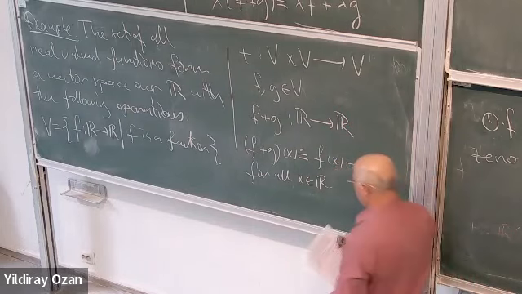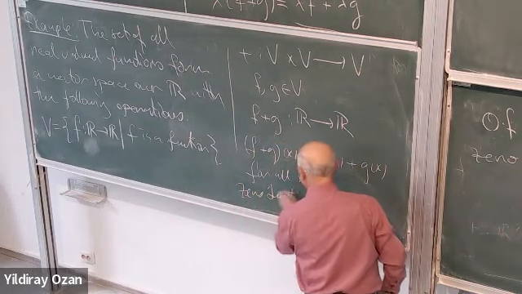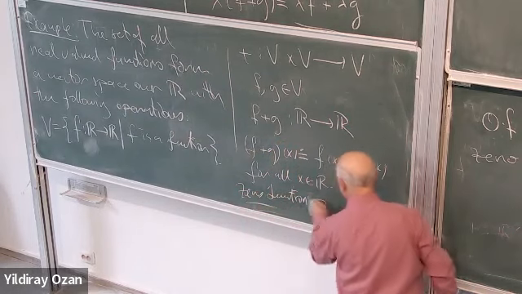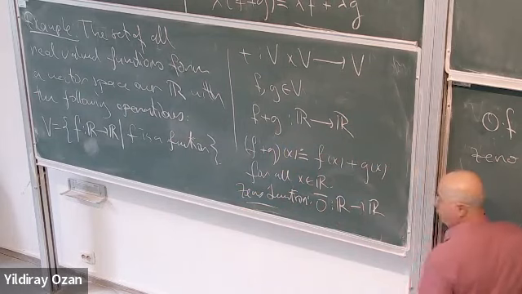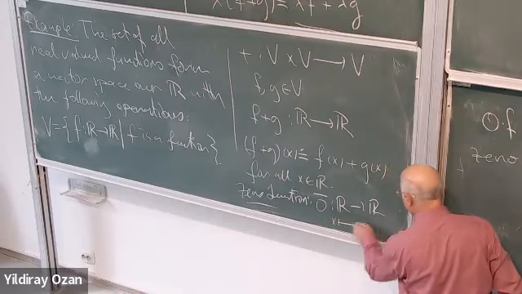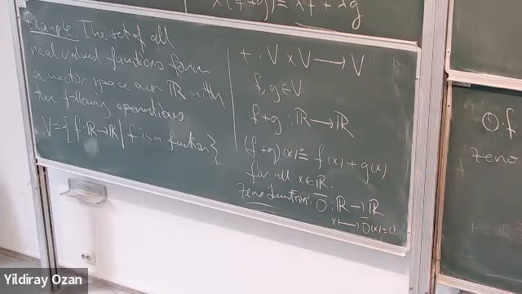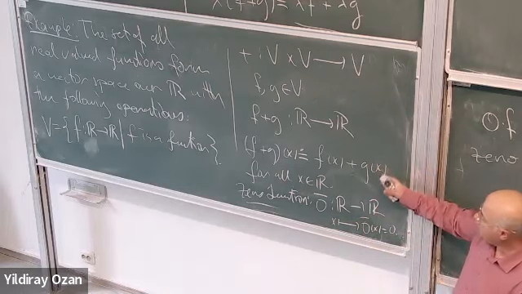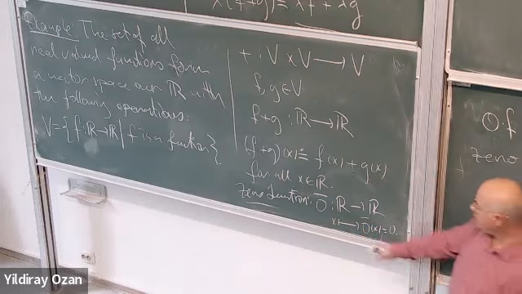The 0 function is the function from R to R, and what it does, it takes any element to just 0. Okay, so the identity element of the abelian group of real valued functions is the 0 function.